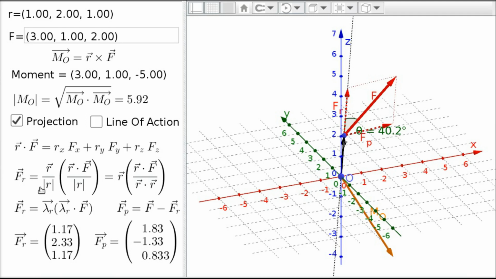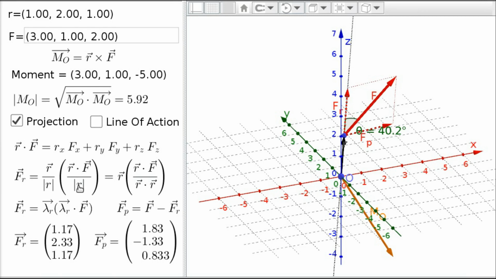We can also calculate the force vector in the r direction. We take the r vector divided by its magnitude, and we have this r dot F, and we need to divide that by the magnitude of r.